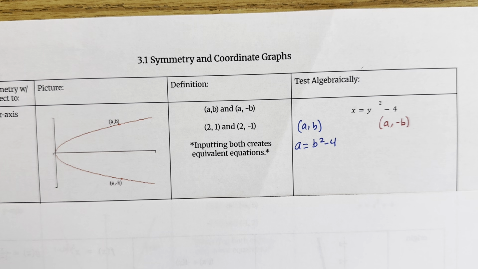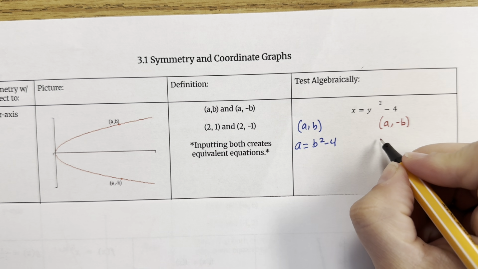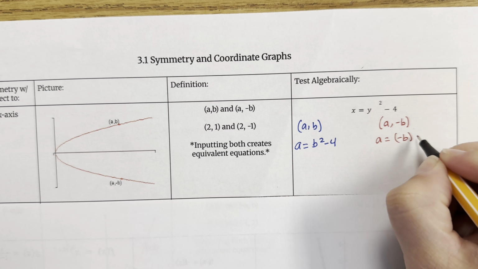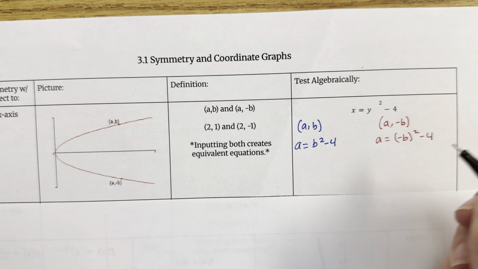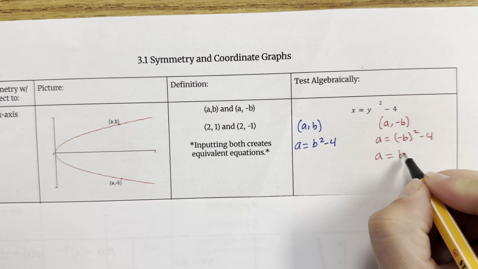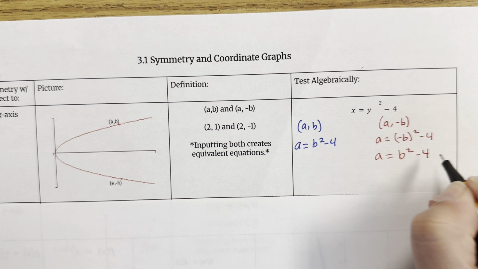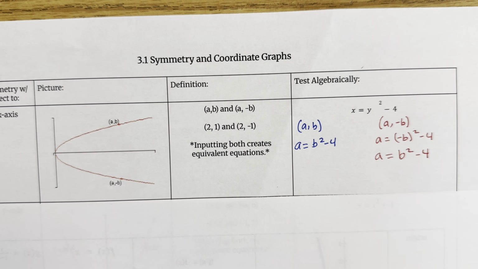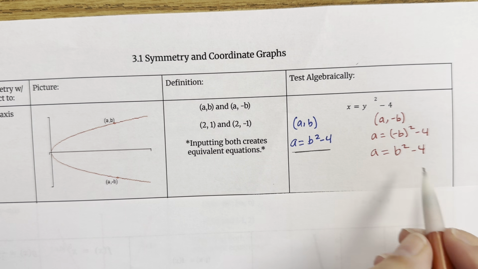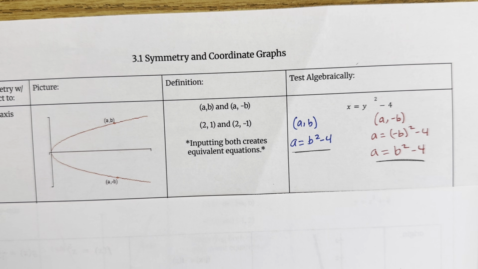Nothing to solve there. On this one, I'm going to have a equals negative b squared minus 4. When I square that, I'm going to end up with a equals b squared minus 4. And you'll notice that these two right here, they're the same. So we would say that, yes, this is symmetric across the x-axis.